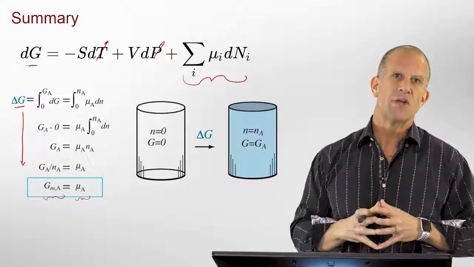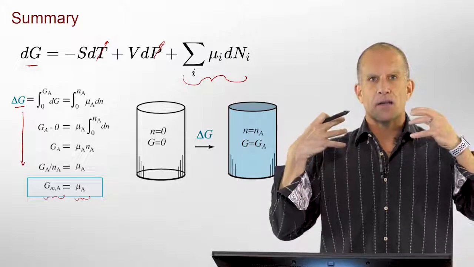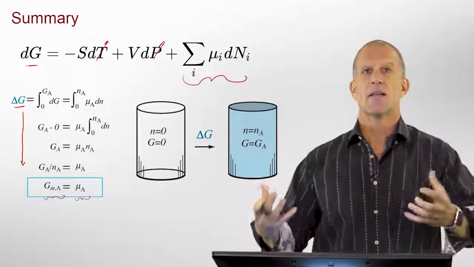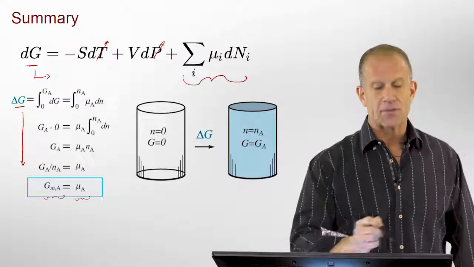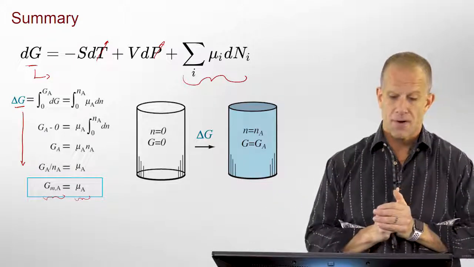So I hope that gives you an overview of where we're heading, an important concept that we already use in chemistry and biological sciences all the time, which is the Gibbs free energy to look at reactions or any type of biological or chemical process.